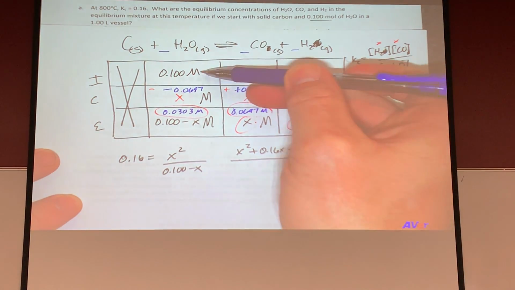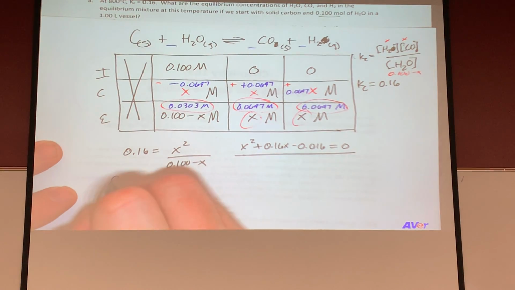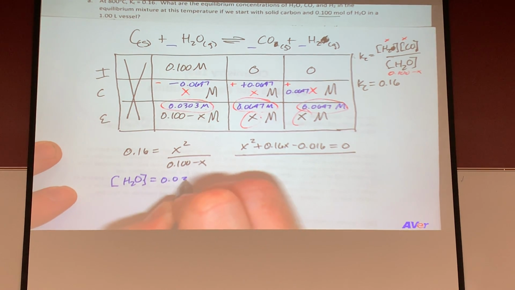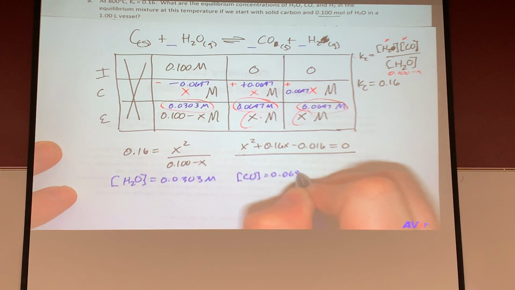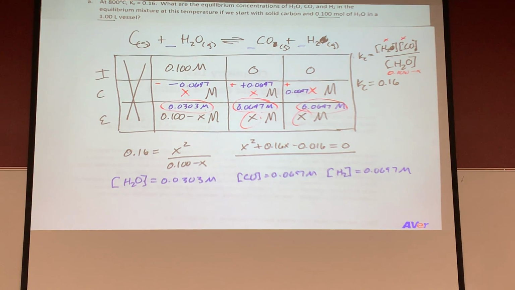So then 0.1 minus that gives me the equilibrium concentration. You write this: concentration of H2O, concentration of CO, and then the concentration of H2. So that's A.